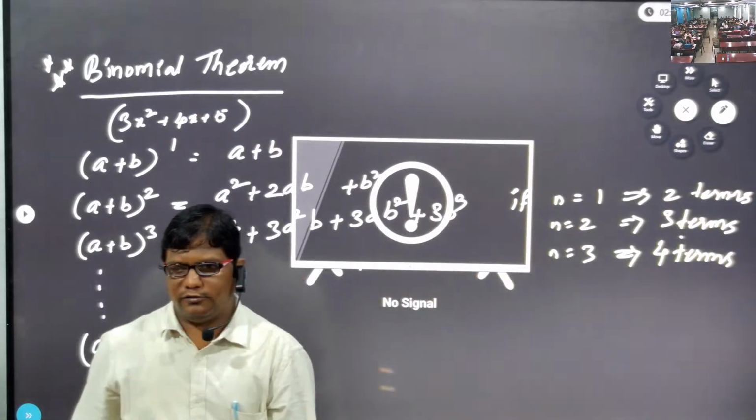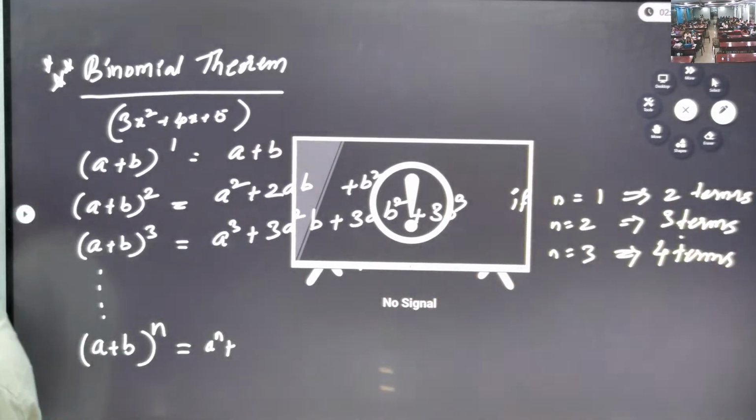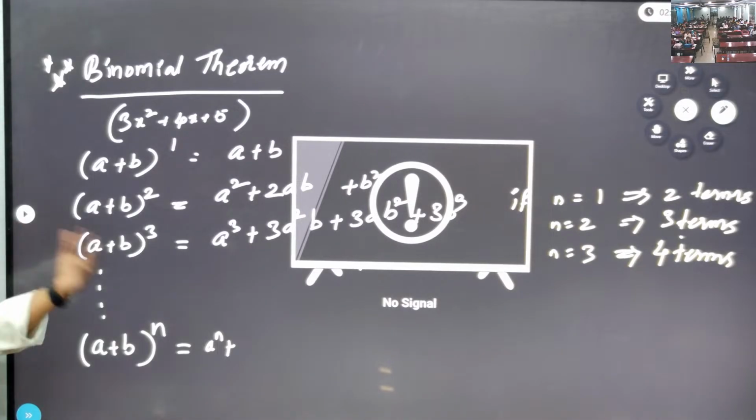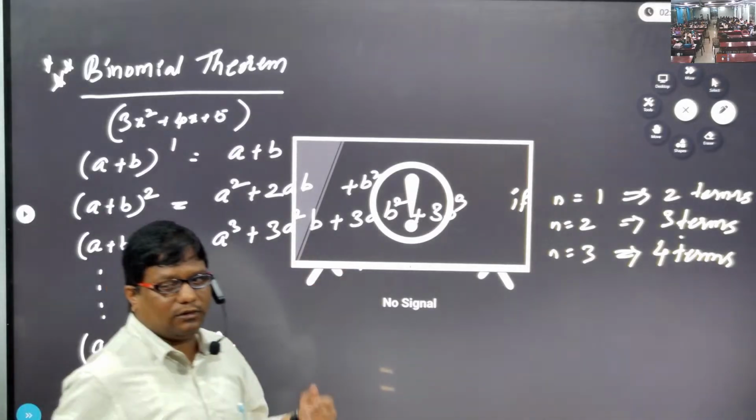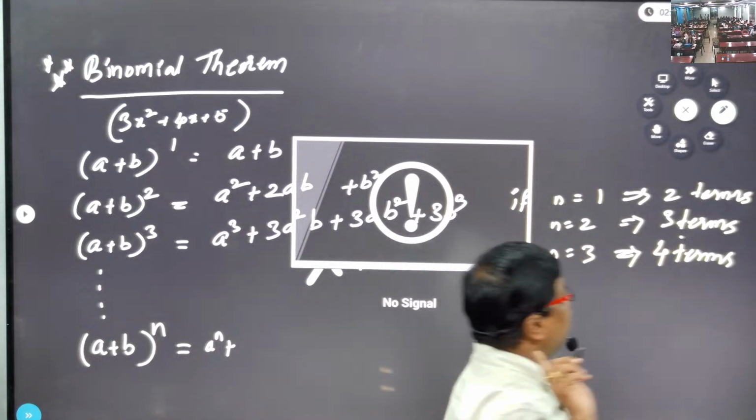Remember these points. If n is equal to 4, how many will you be getting? 5 terms. So if the power is n, how many are you getting? n plus 1 terms.